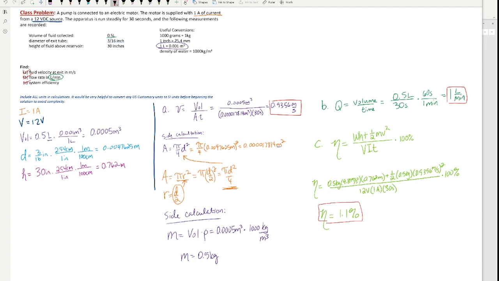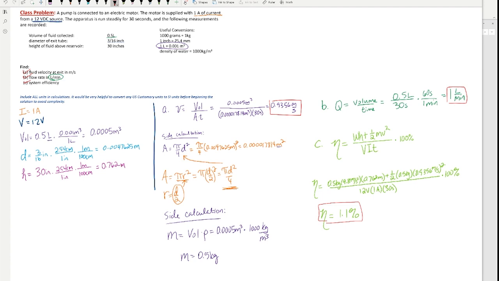Additionally, I like this problem because it is very similar to the calculations that you are going to be doing for your pump analysis. It's essentially the same thing. You were given current, voltage, pump head, diameter of the exit tube, and the volume of the fluid. Those are all the things that you're either going to collect or measure when you're doing your pump analysis.